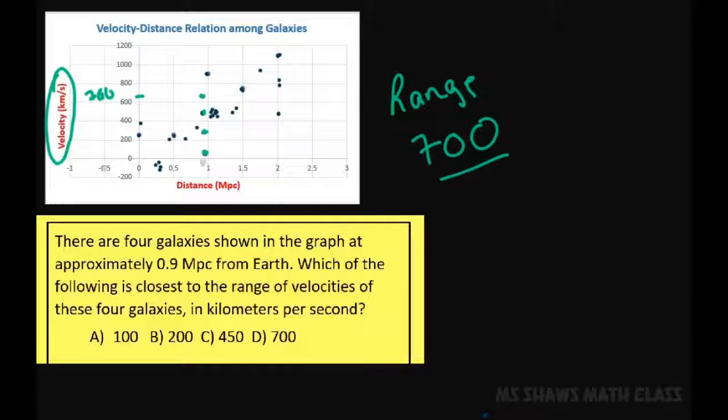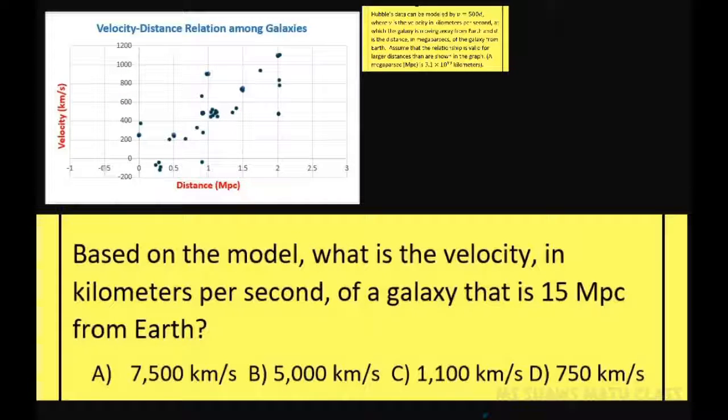Okay. And the last question says, based on the model, what is the velocity in kilometers per second, we're back to this again, of a galaxy that is 15 megaparsecs from Earth? So what we're going to do is use the formula they gave us right here. And I'm just going to plug in the velocity, the distance, because it's 15.